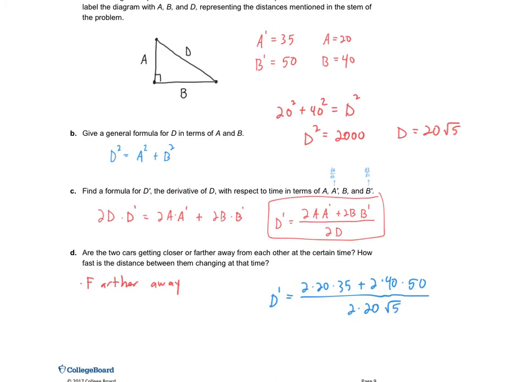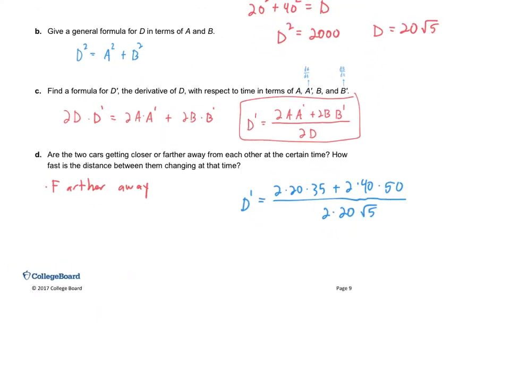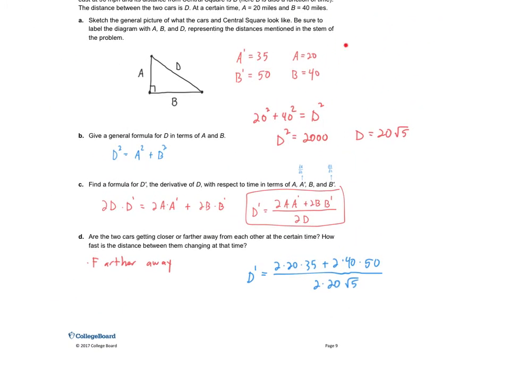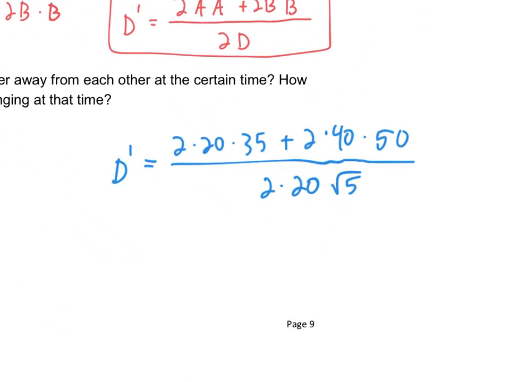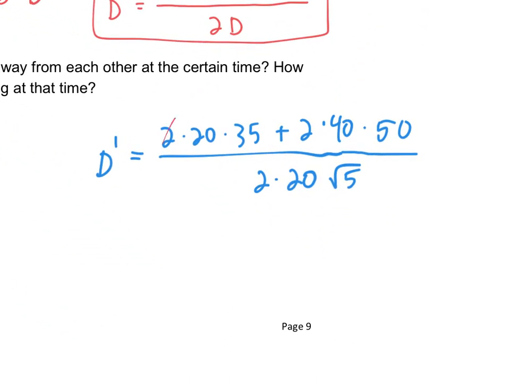So, just get used to this, you're going to be doing this all the time: figuring out what all the variables represent, maybe having to solve for one or more of them, and then substituting them into some formula to get the answer. Just to make that easier, I'll cancel those 2's out, divide everything by 20.